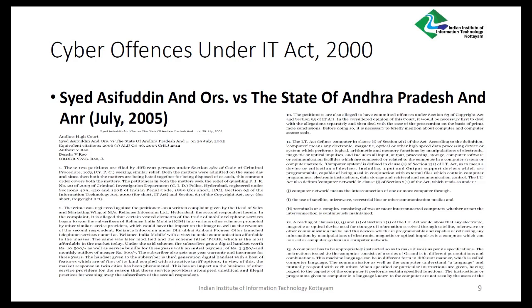So altering the ESN number and SID makes you eligible to be prosecuted under Section 65, which we have just seen. So that is one case.